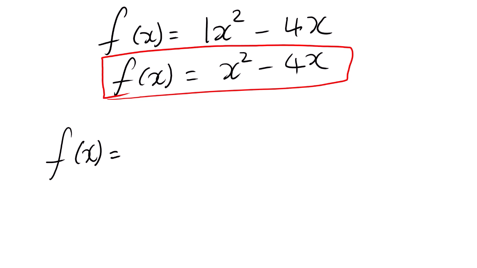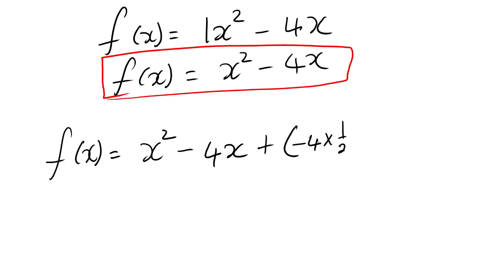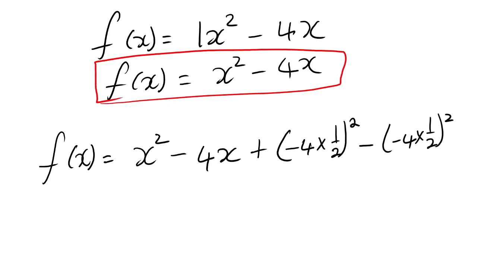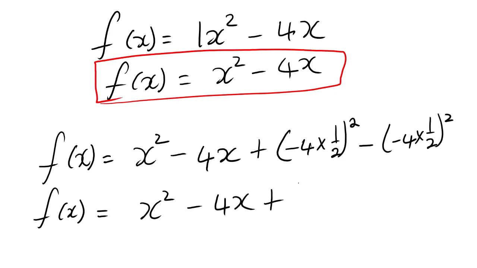In this case, it is fine. So we can start introducing our terms. We have plus the value of b, which is -4, multiplied by 1/2, squared, minus -4 multiplied by 1/2, squared. There is a lesson video on completing the square, so simply go through it and then you'll understand how we work out these terms.